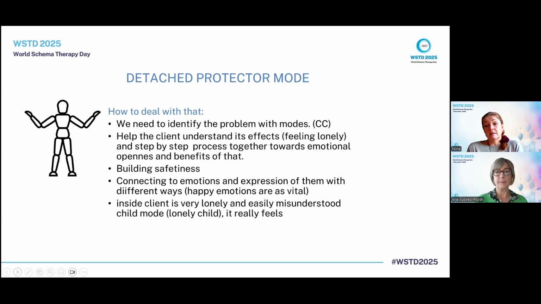Inside the client, there is really a very lonely and easily misunderstood child mode who probably takes too much responsibility for her emotions, behaviors, everything. There hasn't been a healthy situation to express them all.